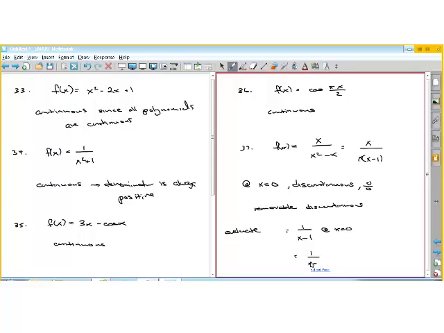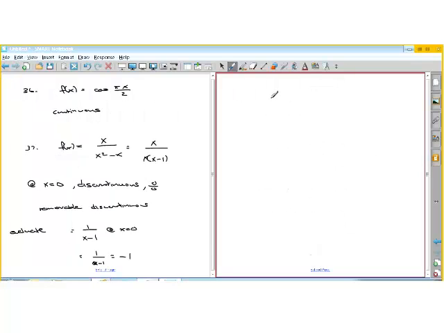If we plug in 0, we get 1 over 0 minus 1, which is negative 1. So how we remove the discontinuity is we would say for x between negative and positive infinity, f of x equals x over x squared minus x, for all this except x equals 0. At x equals 0, f of x equals negative 1.